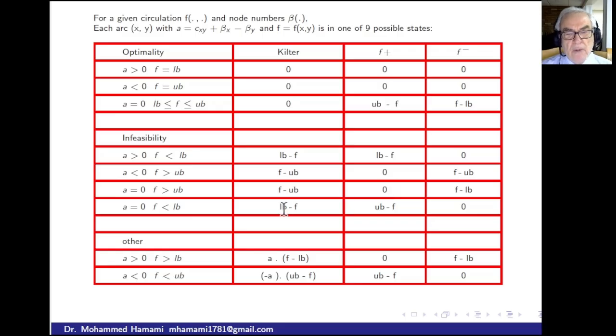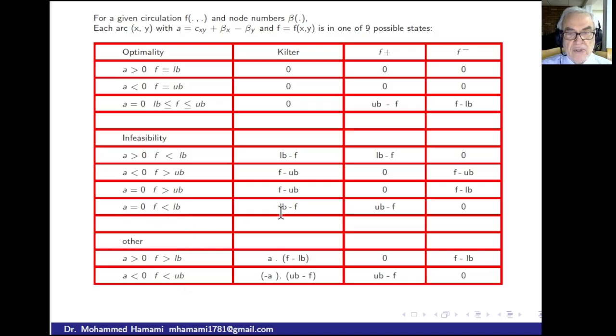Okay, so to summarize this table here, we're going to state what the rules are for changing the flow. For example, A negative, F less than UB, we can increase the flow up to UB minus F. And A equal to 0 and F less than UB is the same thing as this.